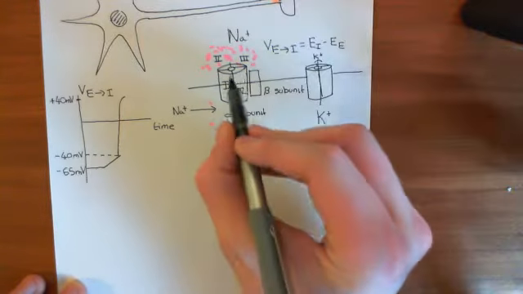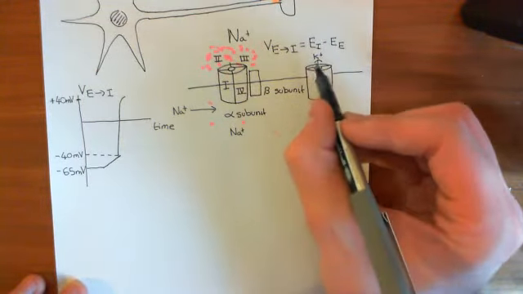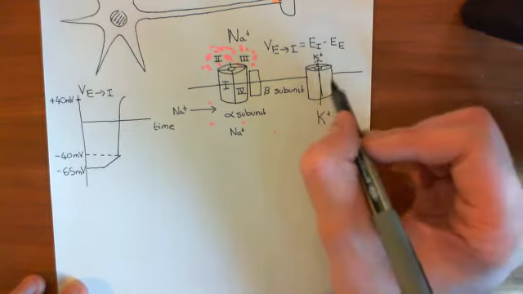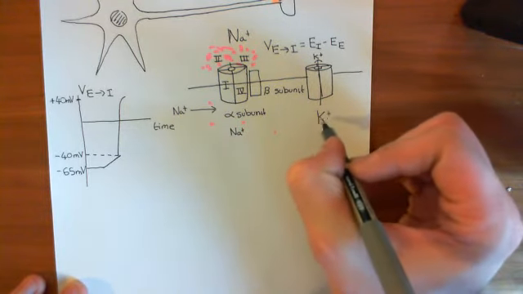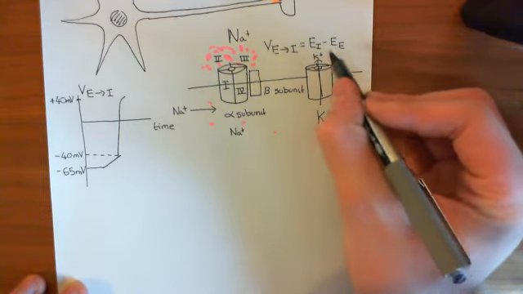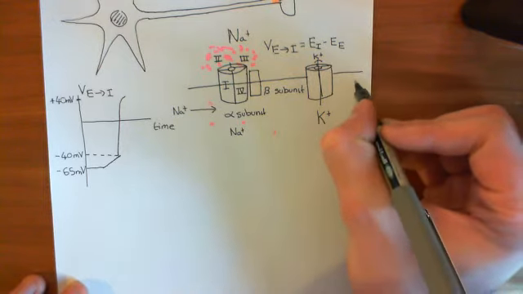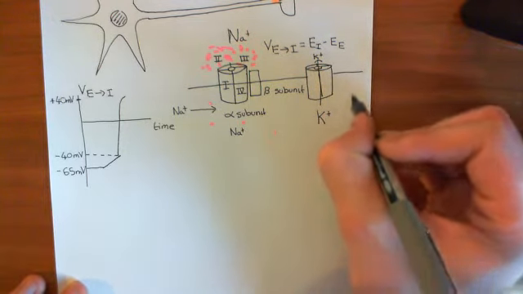So basically you lose the current of sodium moving into the cell and you gain the current of potassium moving out of the cell. Now, potassium carries a positive charge, so you are moving positive charge out of the intracellular compartment and into the extracellular compartment. So that overall means you're going to reduce the electrical potential of the intracellular compartment.